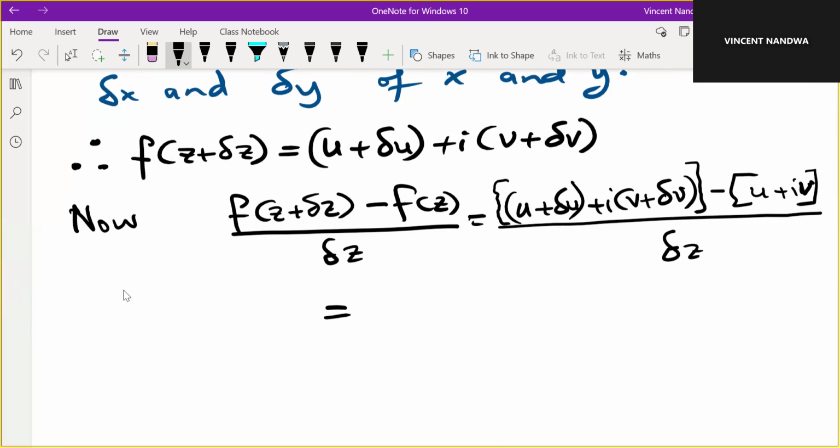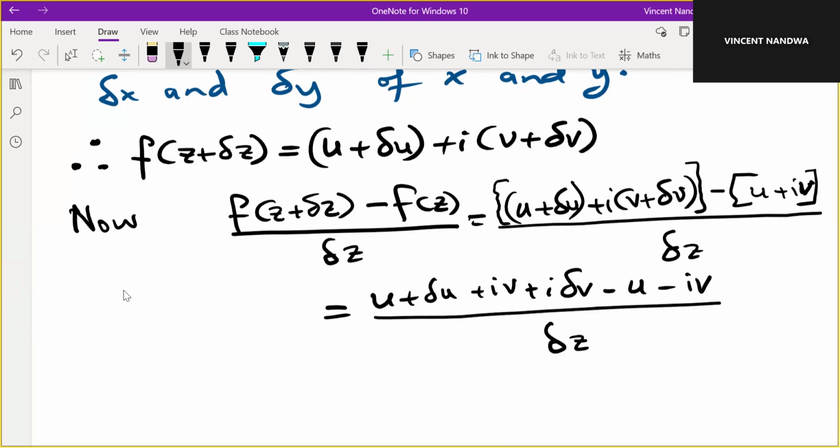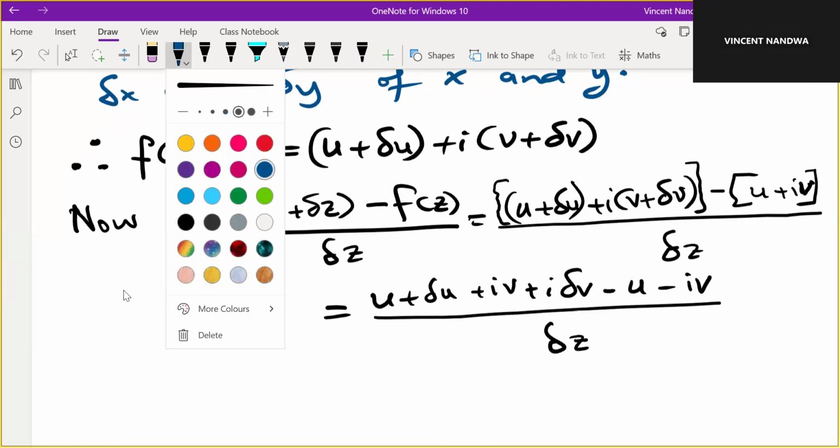We have this u plus delta u plus iv plus i delta v minus u minus iv, opening brackets, divided by delta z. That's just defining that difference quotient.